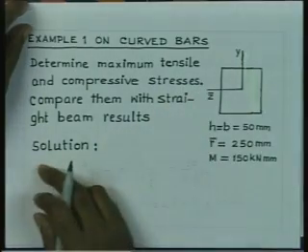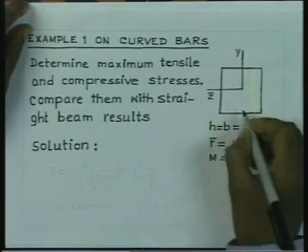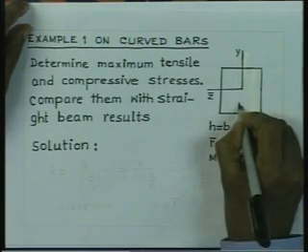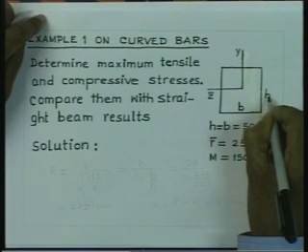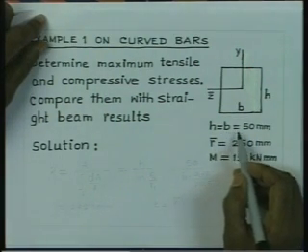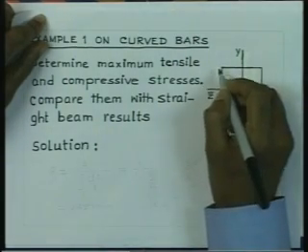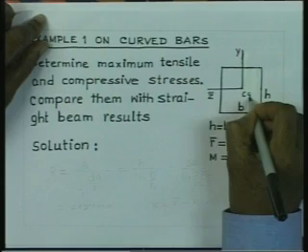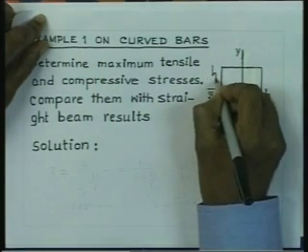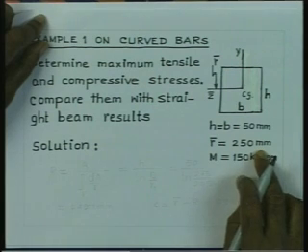So, we will consider one example on curved bars, where the cross section is given with the width b equal to height. So, it is a square cross section and the dimensions are h equal to b equal to 50 millimeter, and the radius of curvature of the centroidal axis, r bar, is given as 250 millimeter.